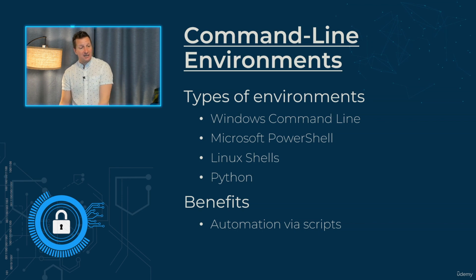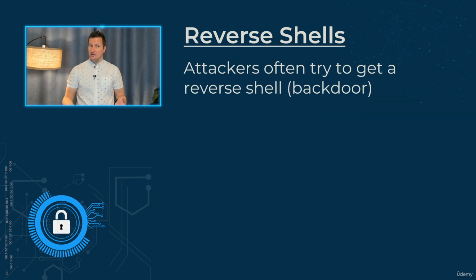Now we could take that a step further by also talking about reverse shells. What's a reverse shell? Well, generally speaking, a reverse shell means that an attacker has gained remote access to a shell by coming into your machine, reverse. So how does this work? Well, what happens is we can use tools like Netcat.